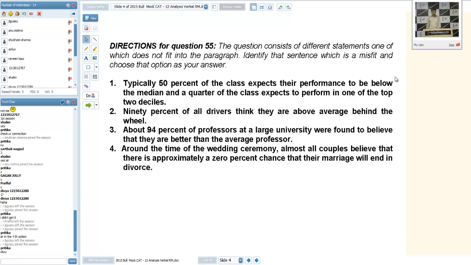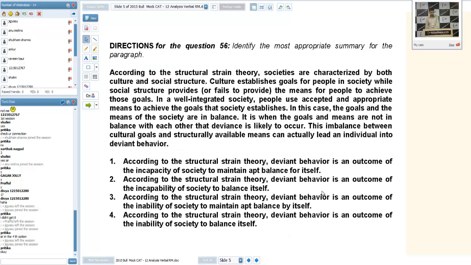Okay. Now let's see which passage or summary-based question I have picked up. Now we have to find the summary. Summary means you need to sum up the discussion. Right now, whatever we are discussing, if I ask you to sum up the discussion, you will start with what sir started with, the overall level of difficulty of this paper, and then we picked up a few misfit questions, a few parajumble questions, and a few summary-based questions. And while teaching, he told us a few tricks related to sentence arrangement questions.